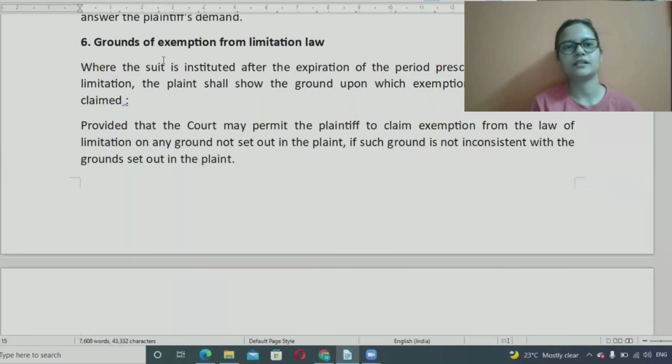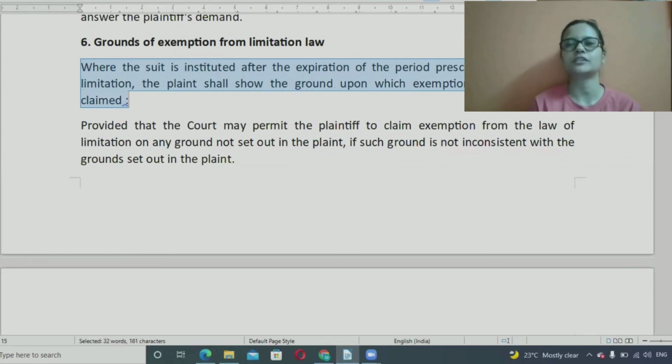Okay, next is grounds of exemption from limitation law. Now we know that the Limitation Act is there. It's very important and relevant for the purpose of this procedural part. Limitation law is applicable, but are there any grounds based on which we can ask for an exemption? Where a suit is instituted after expiry of the period prescribed in limitation law, the plaint shall show the ground on which exemption is claimed.